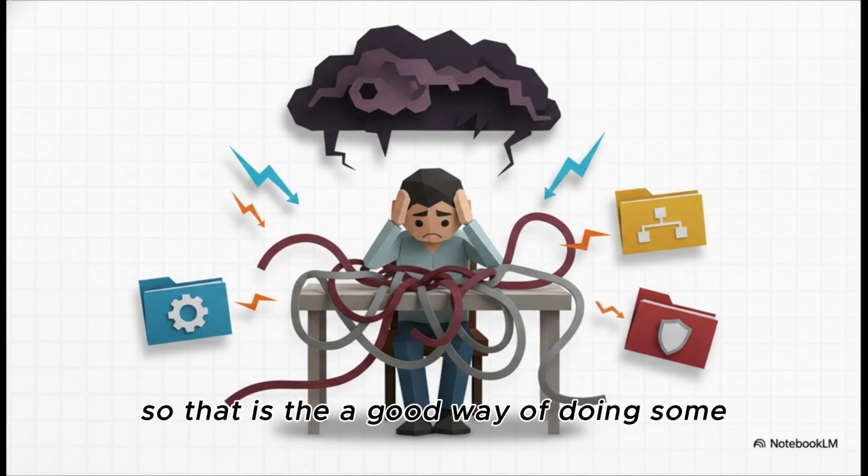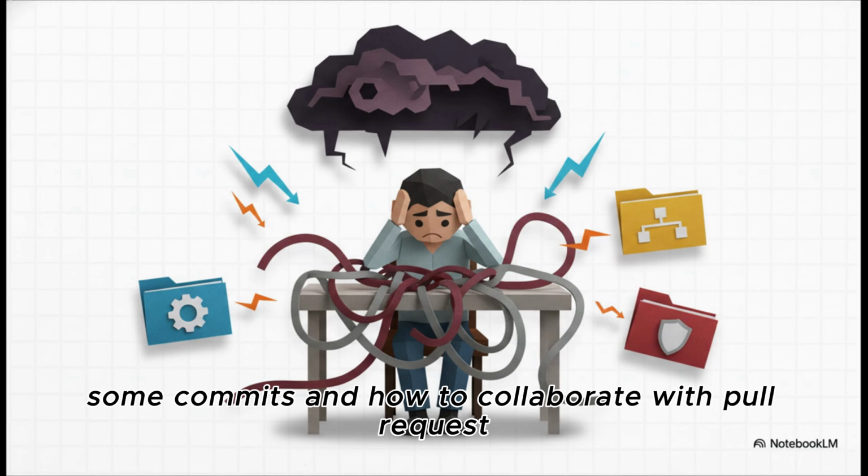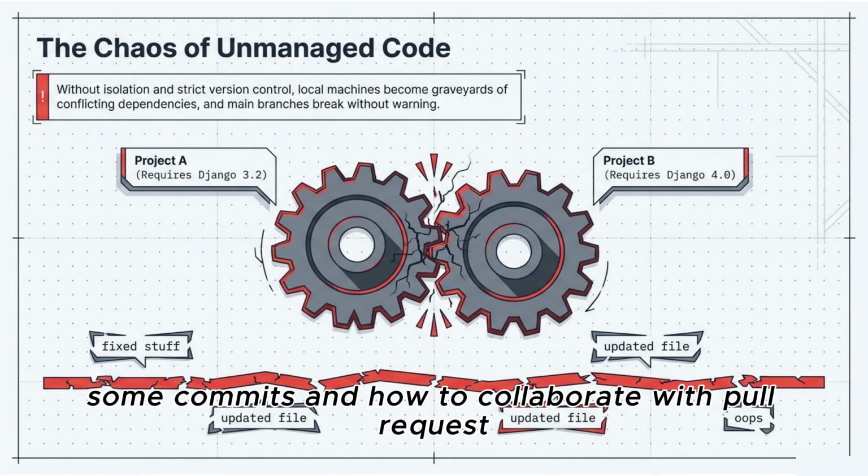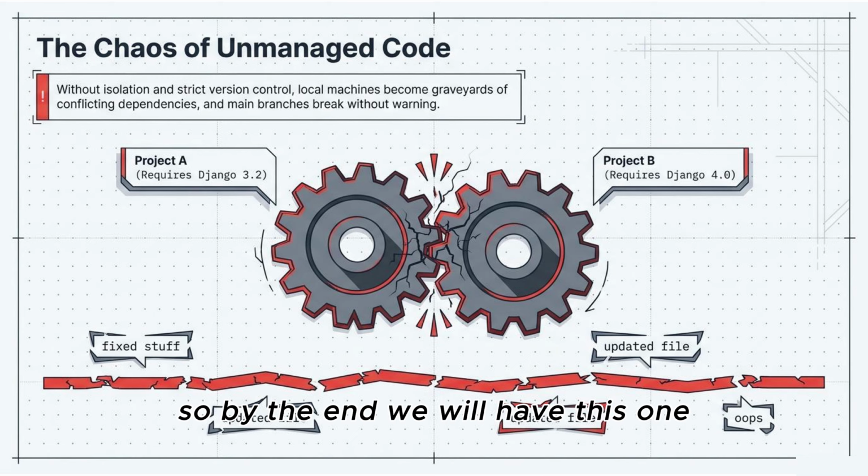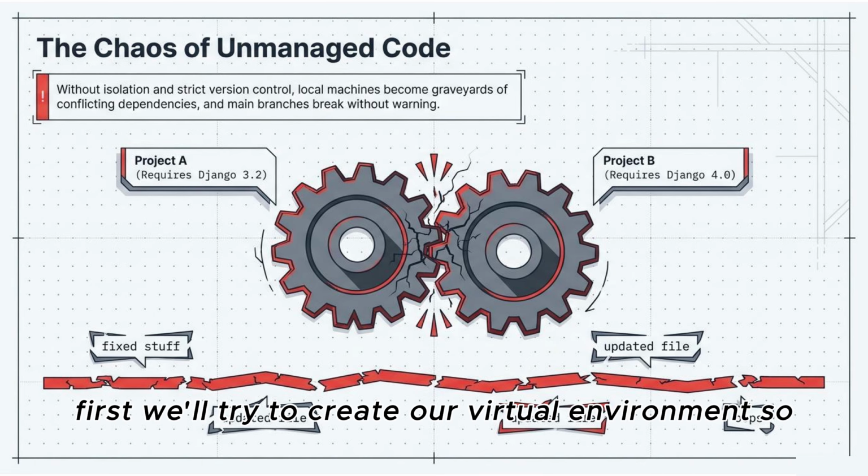That is the good way of doing commits, and how to collaborate with pull requests. By the end we will have one real repository on our GitHub and we will open our first PR. So first we'll try to create our virtual environment.